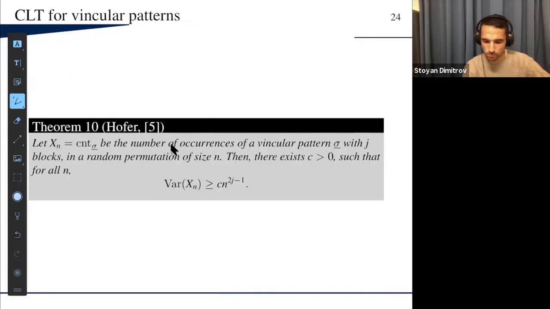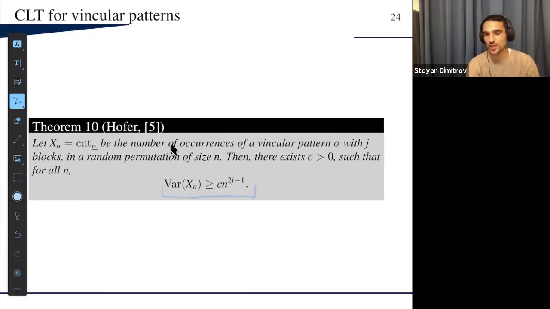And okay, we ran our machinery for the vincular case, the case of an arbitrary vincular pattern, as well. So if sigma is an arbitrary vincular pattern, then Lisa Hofer, again using some other tools, showed that it suffices to establish such a lower bound for the variance.